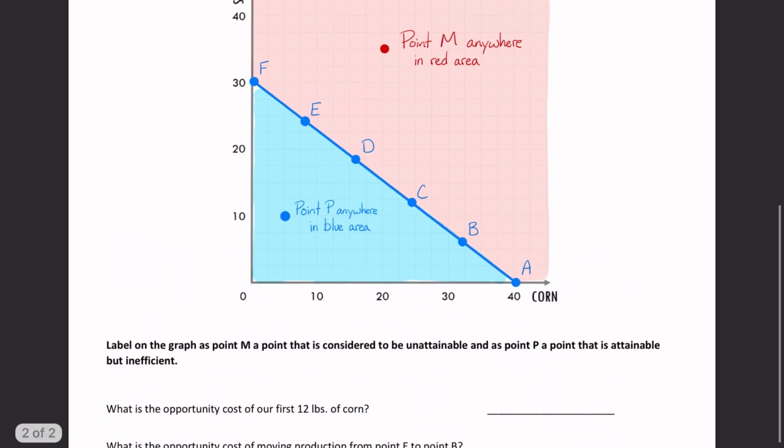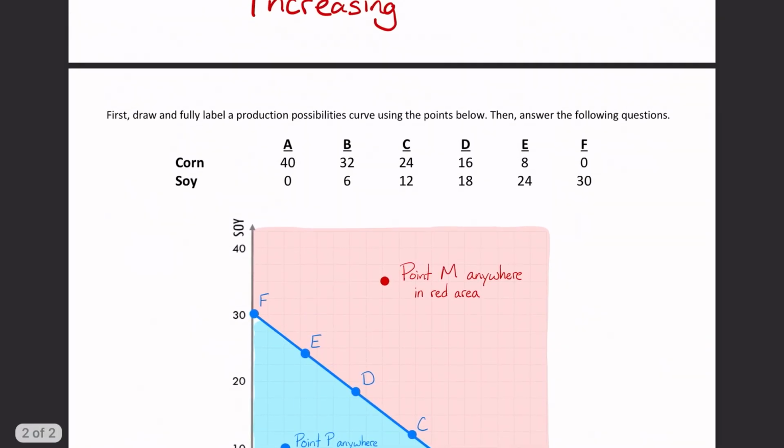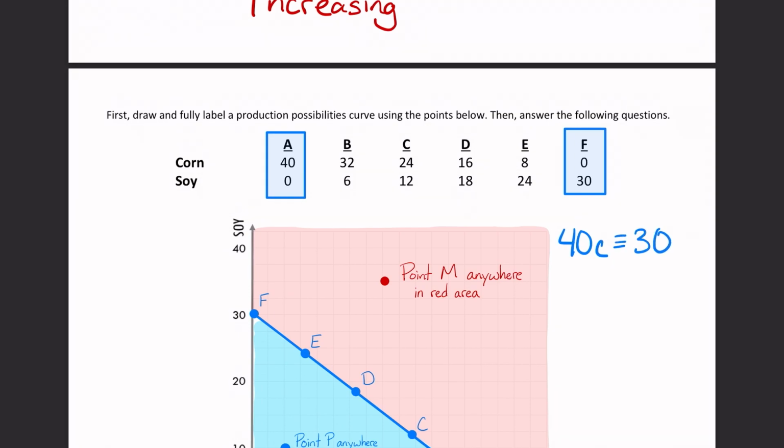If you remember from our 1.3 practice, if we were to take all of our resources and put them just toward corn, we could produce 40 pounds of corn. And if we put all of our resources just toward soy, we could produce 30 pounds of soy. So those same resources it takes to produce 40 pounds of corn can produce 30 pounds of soy.